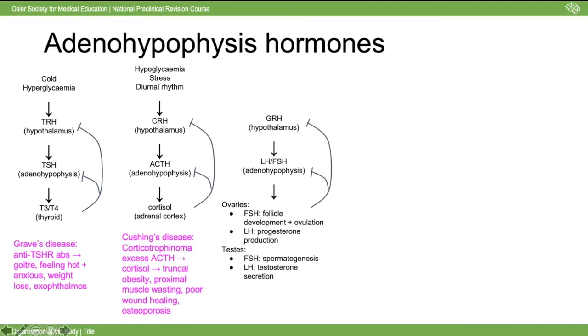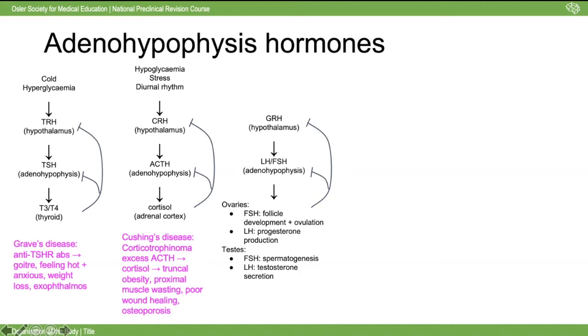Okay, moving on to LH and FSH. GnRH, or gonadotrophin releasing hormone, is produced by the hypothalamus. It travels via the hypothalamo-hypophyseal portal vessels to the adenohypophysis, which then releases LH and FSH. And these then have an effect on the ovaries and the testes.